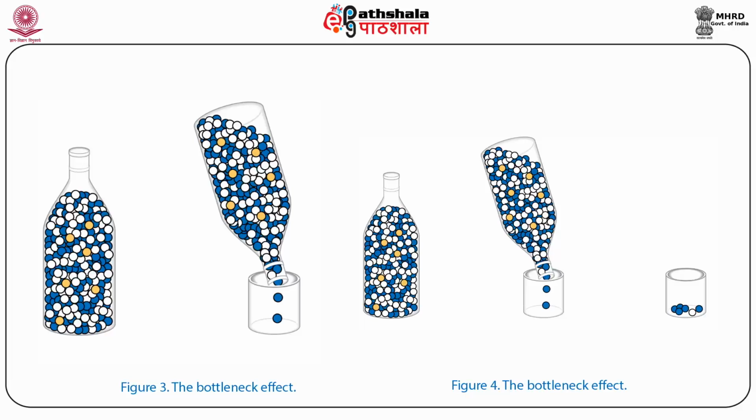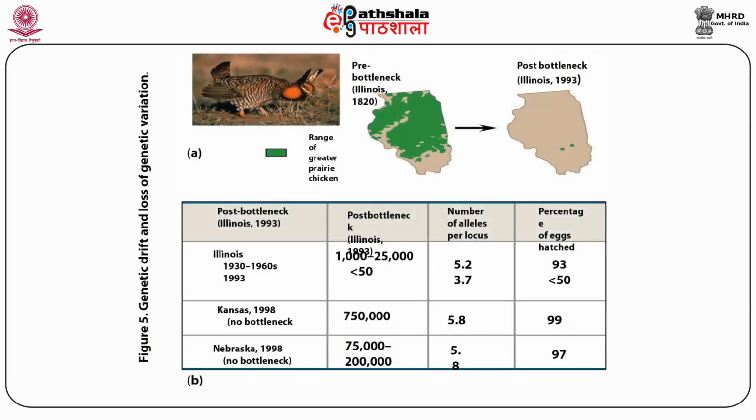Researchers attribute the cheetah's genetic uniformity to two bottlenecks, one that occurred at the end of the most recent ice age when habitat changed, and another following mass slaughter by humans in the 19th century. However, the good health of the animals today indicates that the genes that have survived enable the cheetah to thrive in their environment. This figure explains the genetic drift and loss of genetic variation.